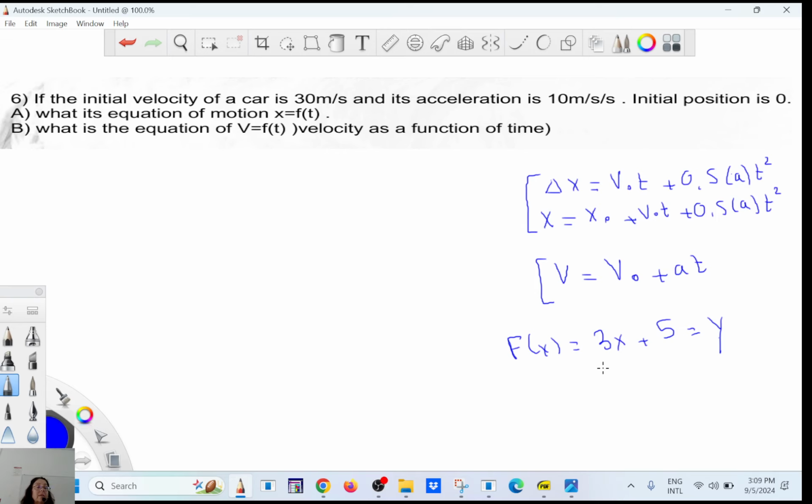But in physics, you know what they say, what's in a name, right? So I don't have to call that y. So in physics, they decided we're going to call that x, because that's a position. And instead of x, you're going to have the time. Okay, so we're going to have a function like this, like 3t plus 5, for example, and that will be my position.